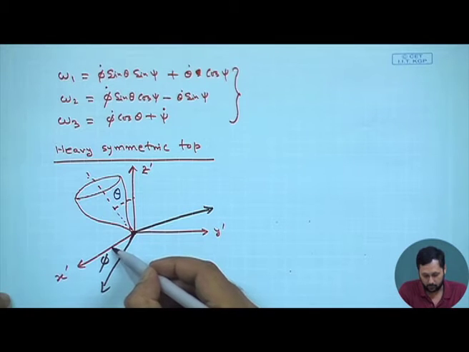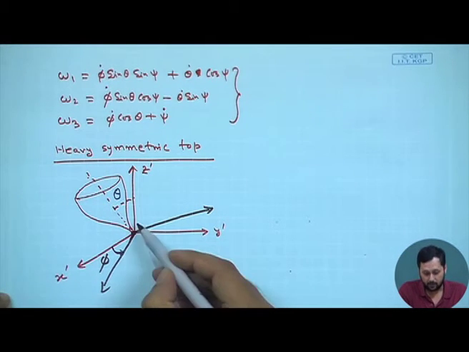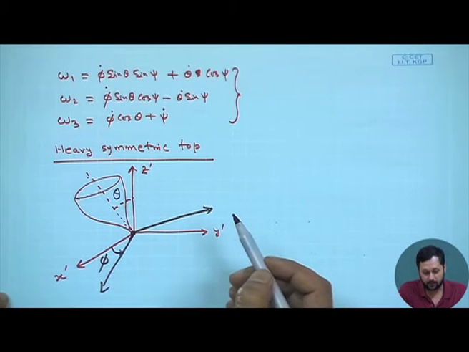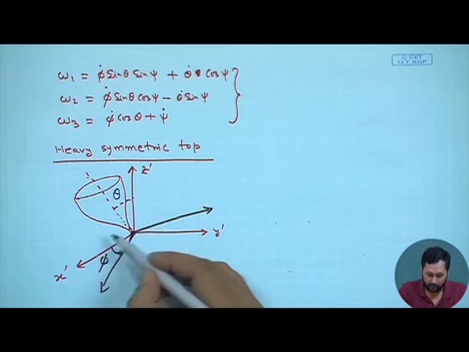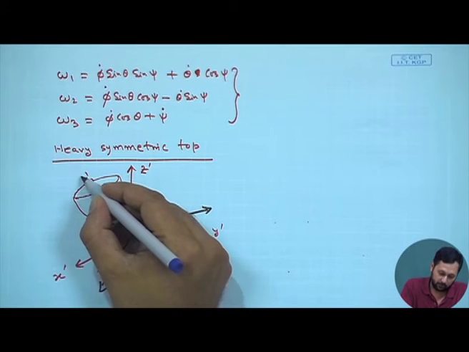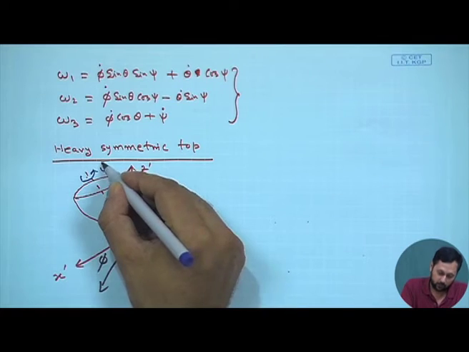So this is the first Euler angle, this is the second Euler angle, and for the third Euler angle we can just assume that the top is spinning with an angular velocity of psi dot.